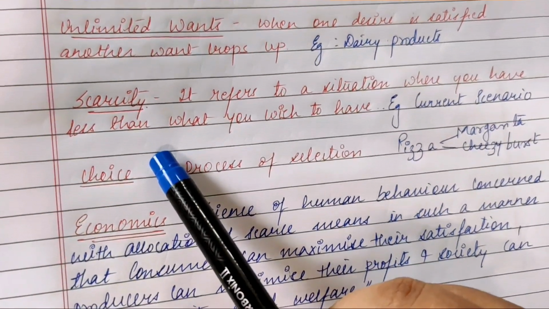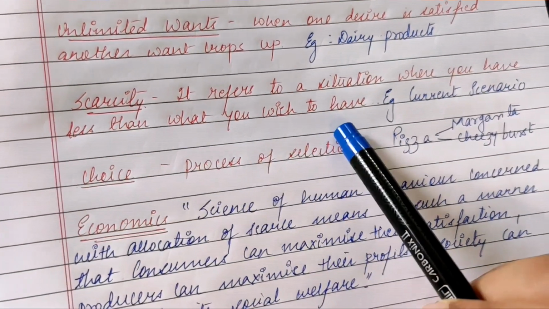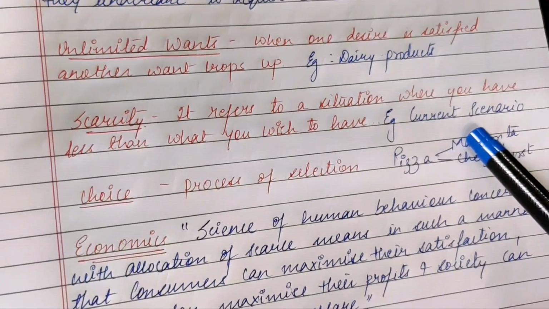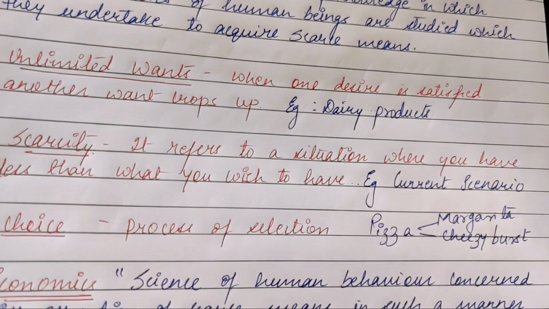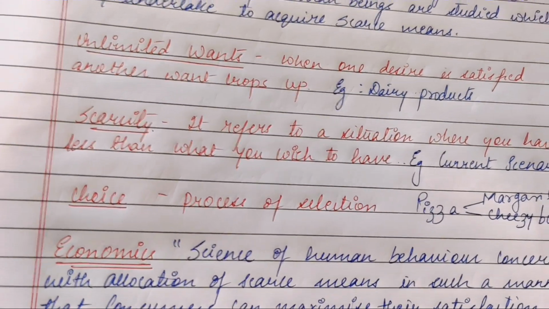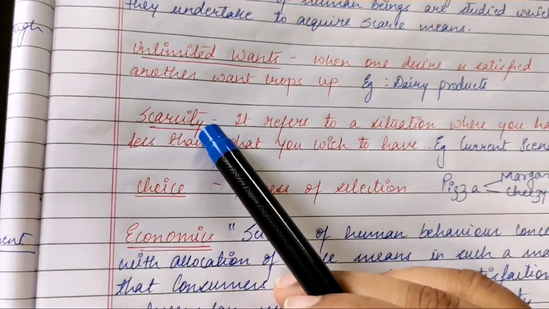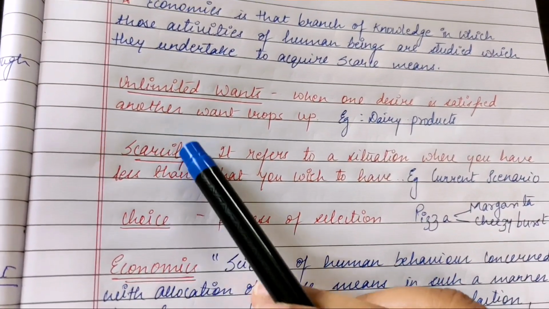Second is scarcity. It refers to a situation where you have less than what you wish to have. Example is the current scenario where you go to a shop in order to purchase your favorite product, that is Maggi, but it is not there. It is a current scenario where they have the scarcity of that product. That terminology is known as scarcity.